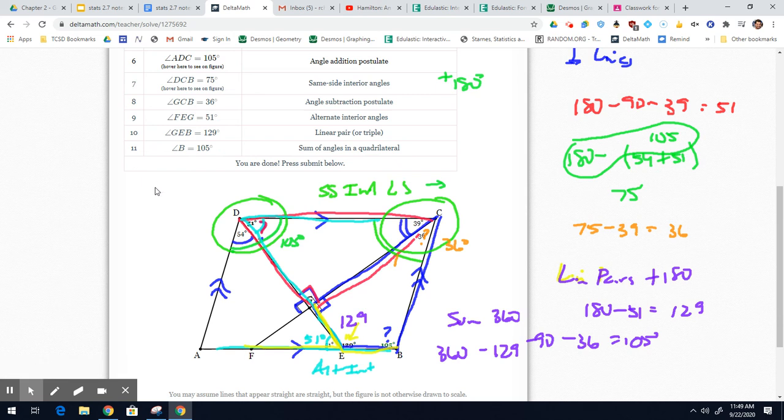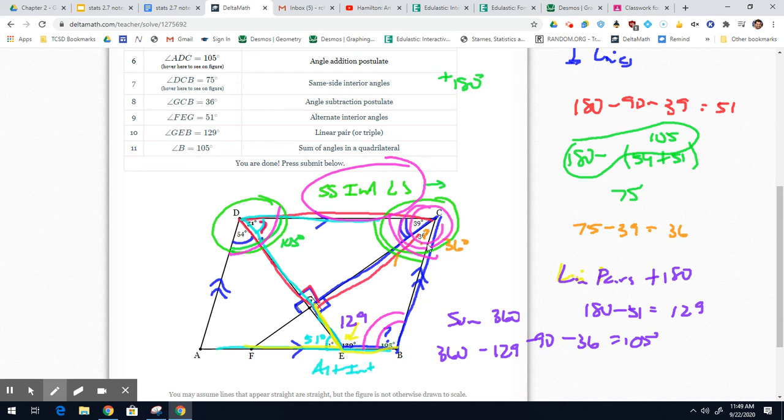And we're done. Now I want to show you something real fast, and I'm going to take away some color, or maybe go back to blue. Oh, pink. I haven't used pink yet. So this relationship here between this angle and this angle being same side interior angles, I could have done the same thing here. I wasn't thinking, right?